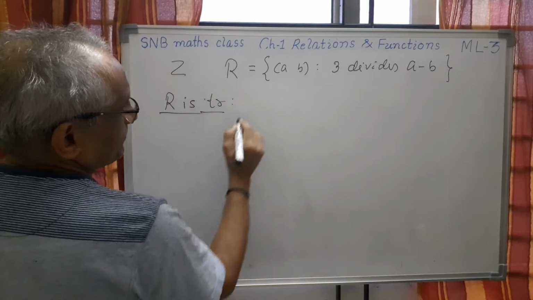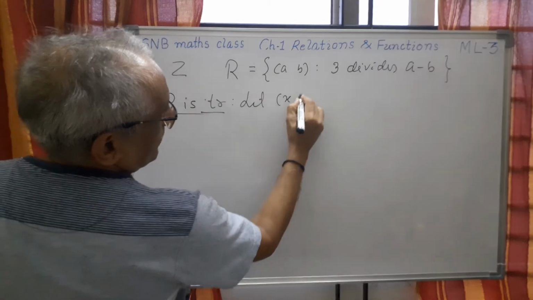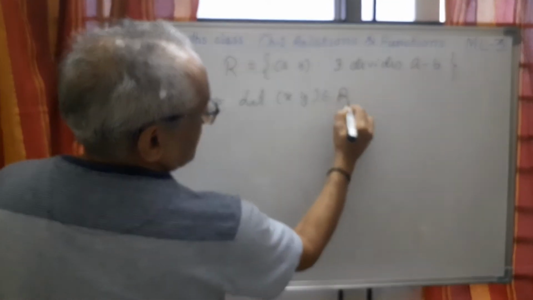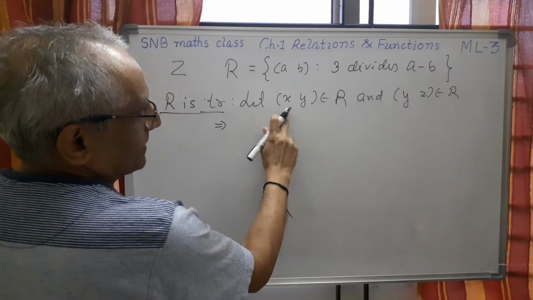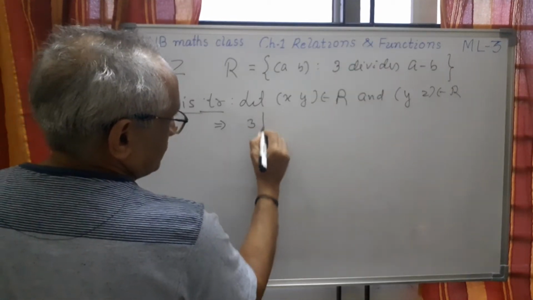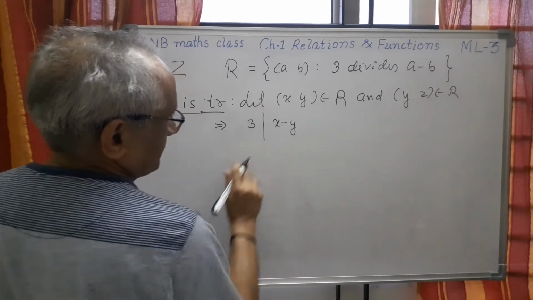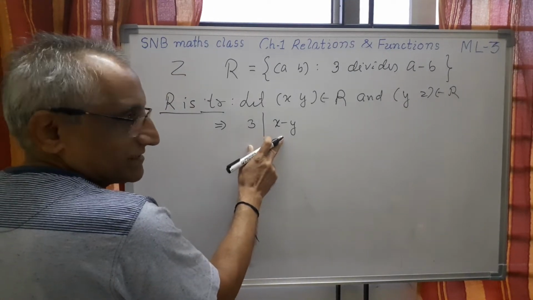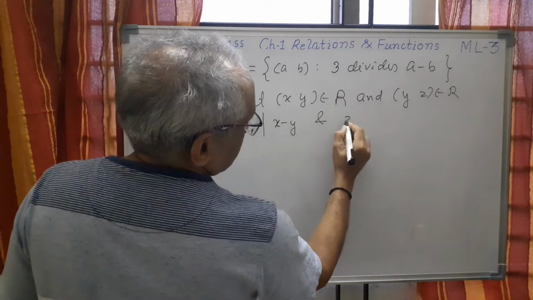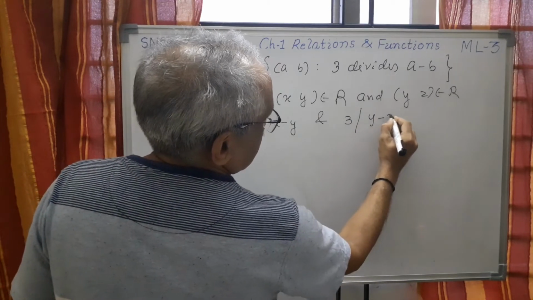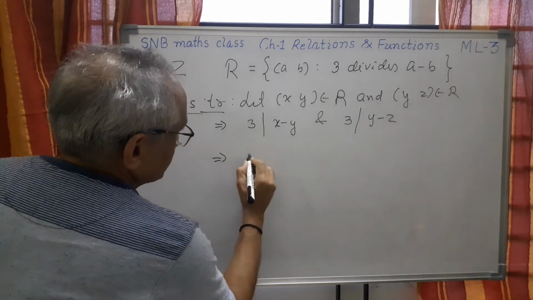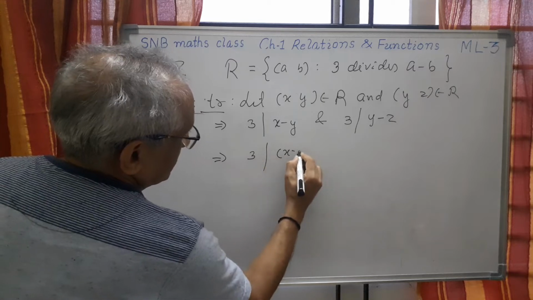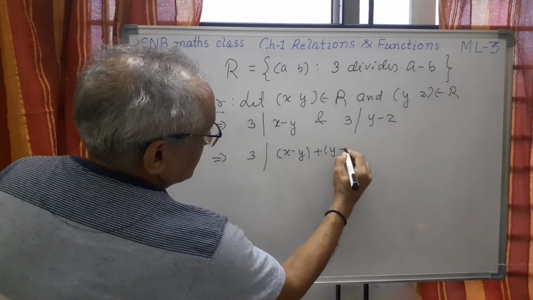Let (x, y) be in R and (y, z) be in R. This implies 3 divides x minus y and 3 divides y minus z also.